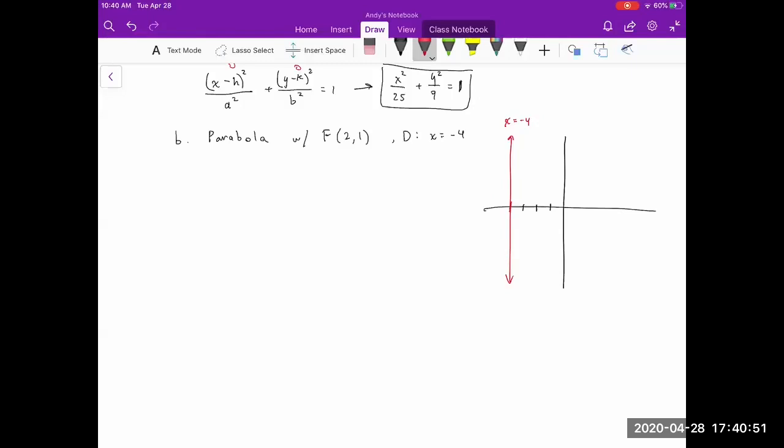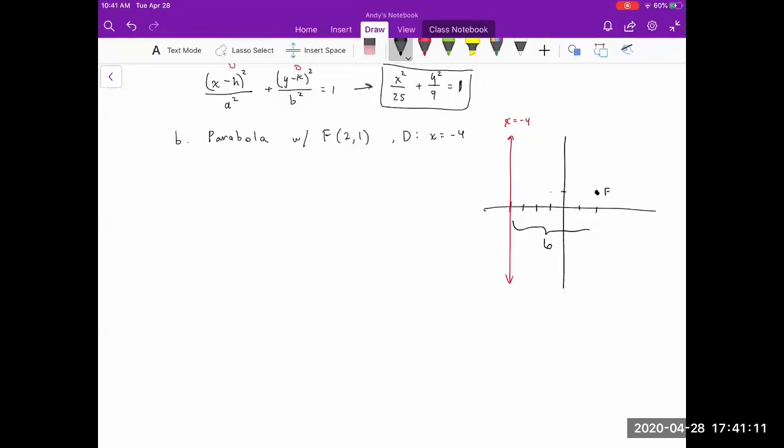And the focus is 2, 1, which is over here. X equals 2, y equals 1. Notice the distance between the directrix and the focus, you can count, but it's 6. It's 4 units to the left and 2 units to the right. So it's 6 units total.